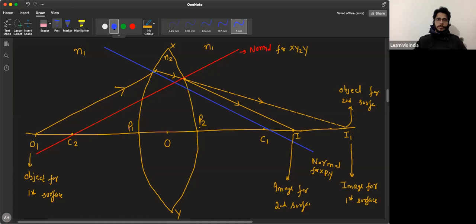The distance from O1 to O is the object distance U. This is the image distance for the first surface. I call it V1.